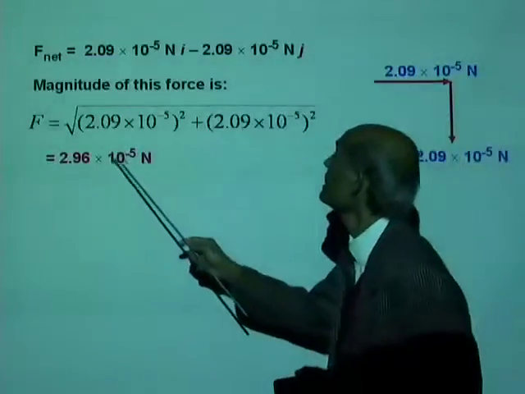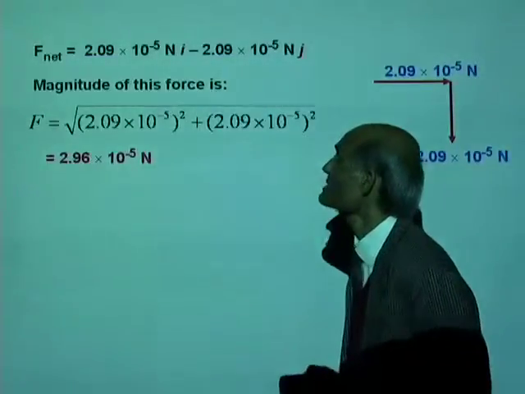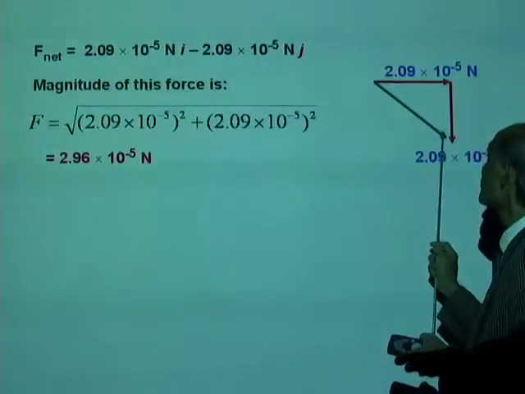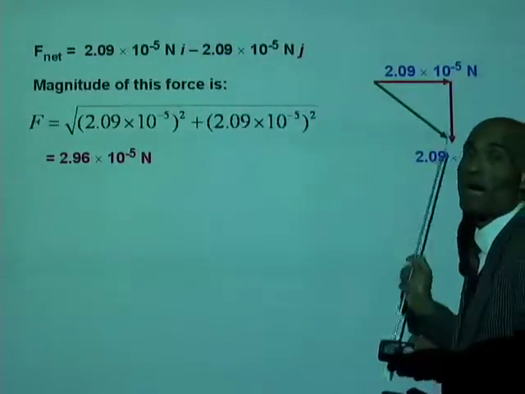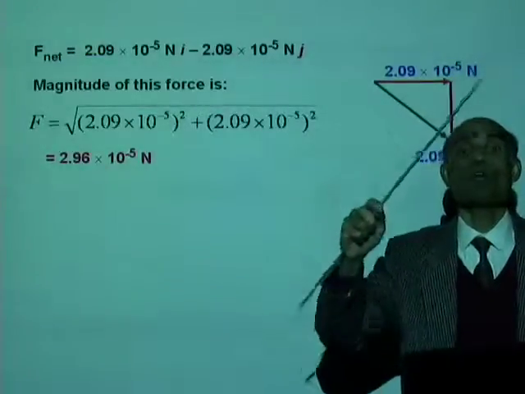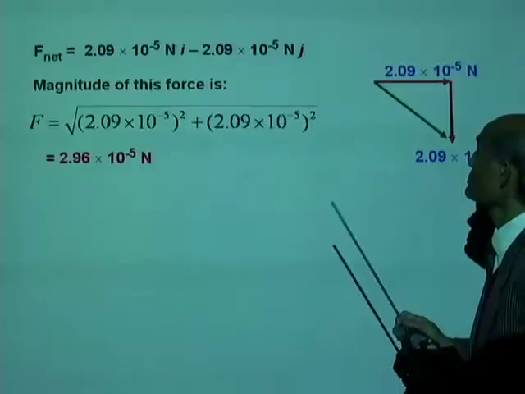And that will be 2.96 times 10 to the negative 5 Newton. And that is this vector. That is the net force on Q4 by all the other three forces.